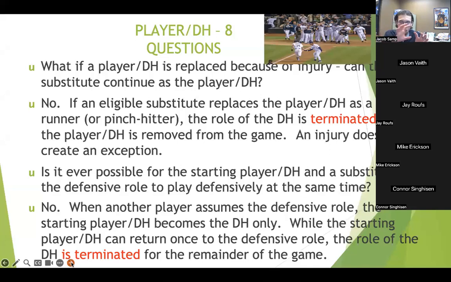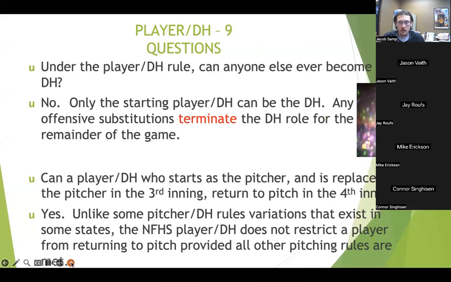You cannot enter a substitution and then move him around because of re-entry rules. And like I said a couple times here, as soon as we have an offensive change, the player DH is terminated. Again, offensive substitutions terminate the player DH.